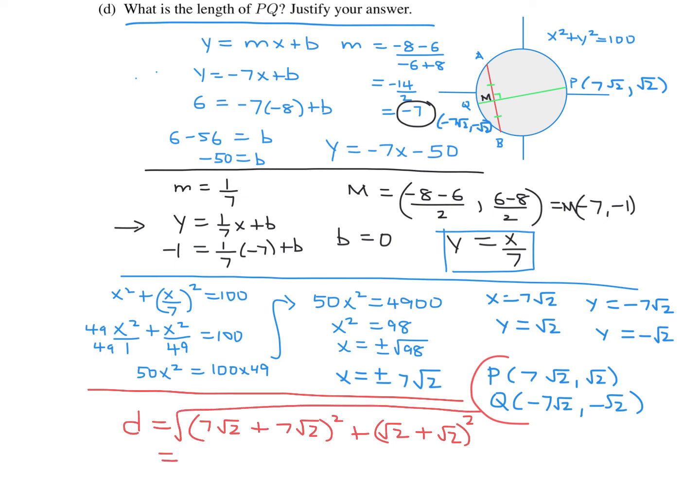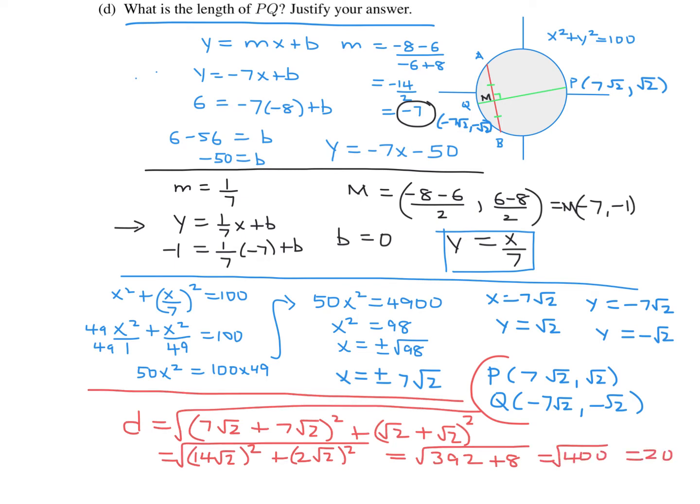So this is what, 14 root 2 squared plus 2 root 2 squared. And that looks like 392 plus 8. So it's root 400, and root 400 is 20. The answer to part D of number 1.